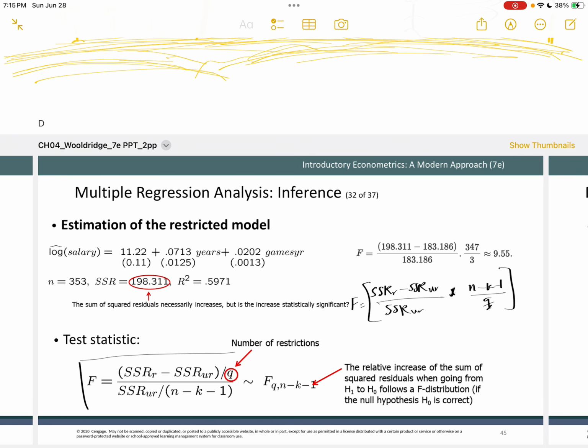Then we multiply by the ratio of the restrictions, where Q is the number of restrictions that we used, and the degrees of freedom is n minus k minus 1.